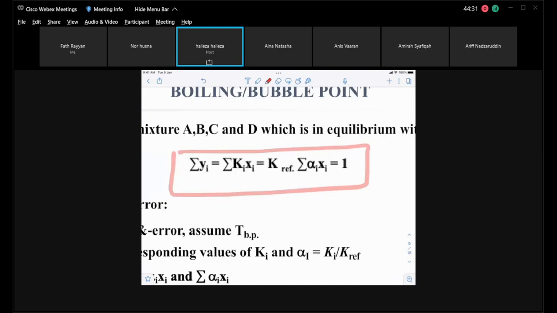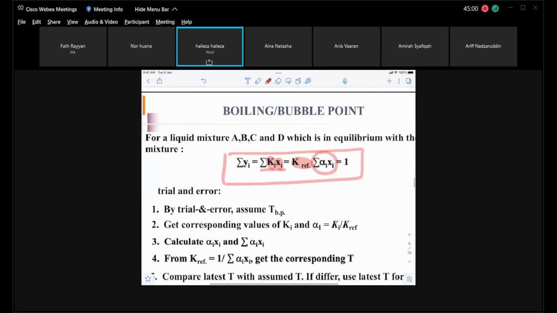There's another equation whereby the summation of the K values times the mole fraction of the liquid composition should also equal 1. And again, you have this equation with the K reference, the component that you choose as your reference, and the summation of this product, which is your relative volatility times the mole fraction of your liquid, should also equal 1.